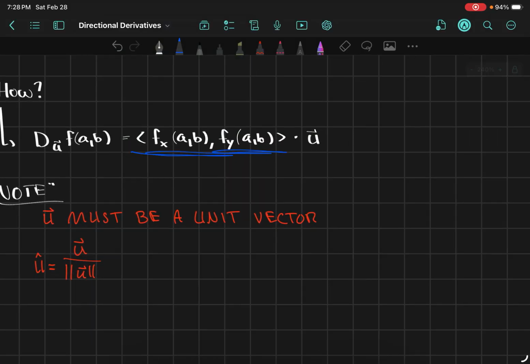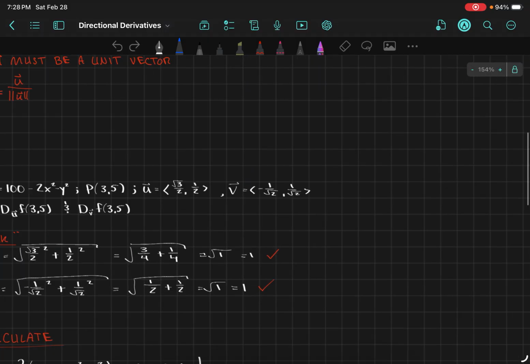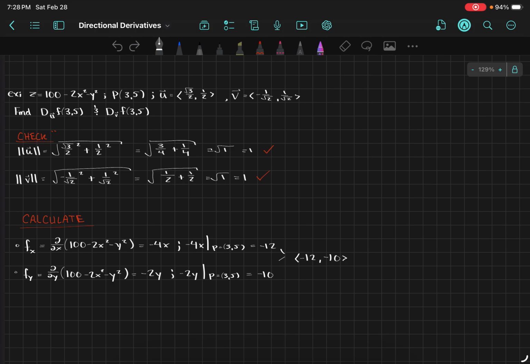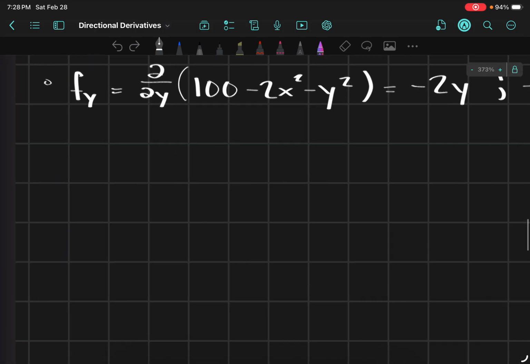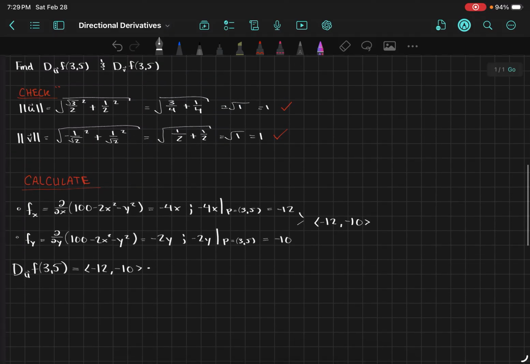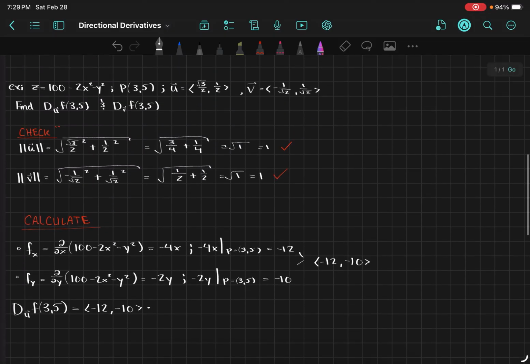And we have our vectors given to us over here, so we have u and v. So simply our D_u, our directional derivative in the direction of u at our point 3, 5 is going to equal negative 12, negative 10 times, or taken by the dot product of our vector u.